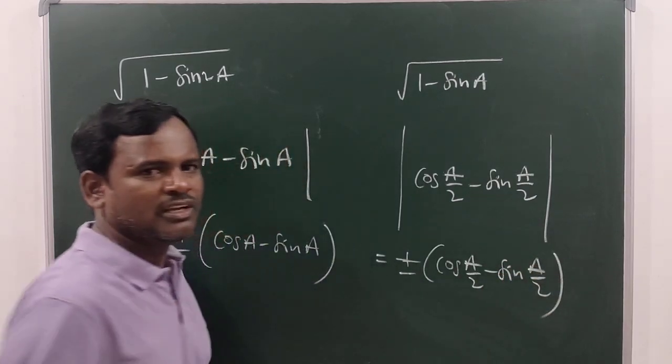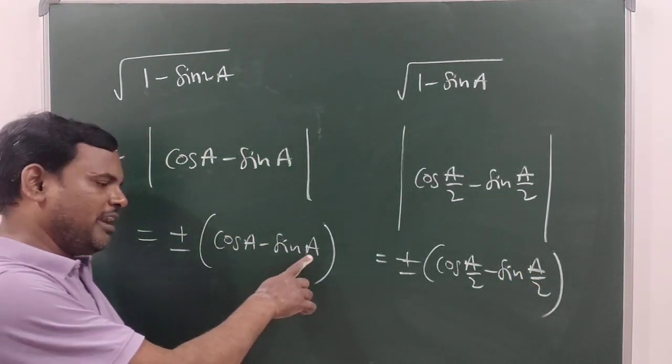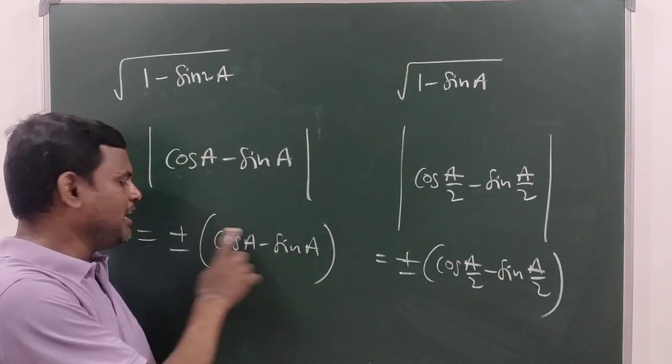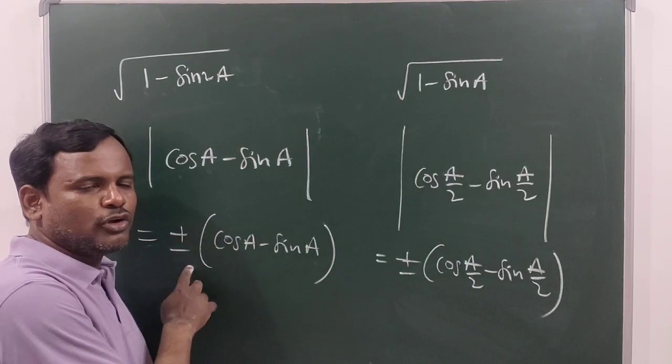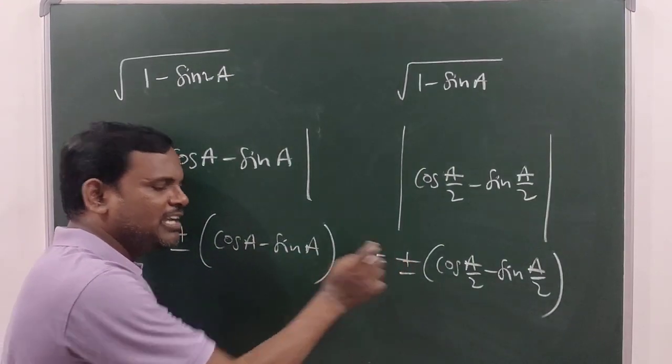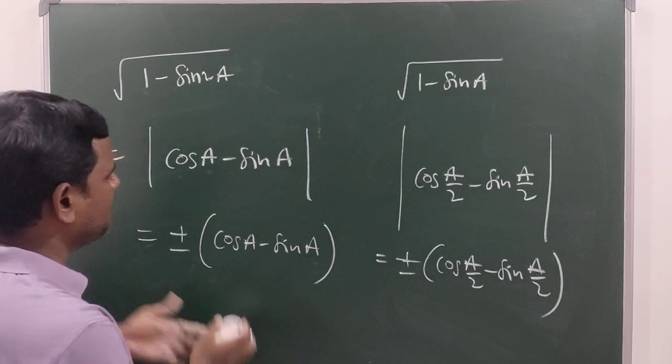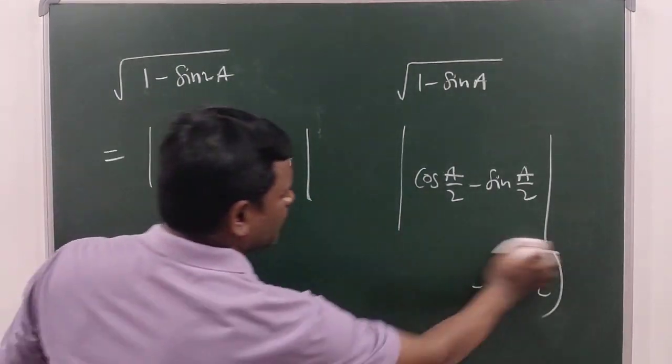What is our question? Okay, for which value of angle A, it is going to be taken plus. In which interval of A, it is going to be minus. Similarly here also.